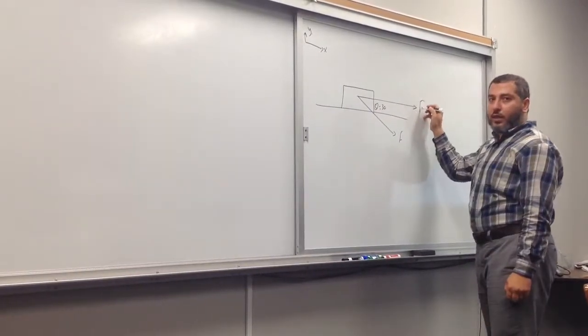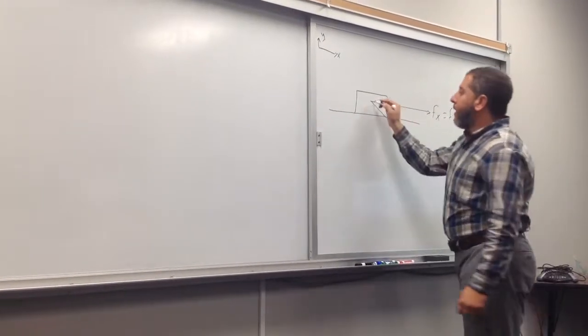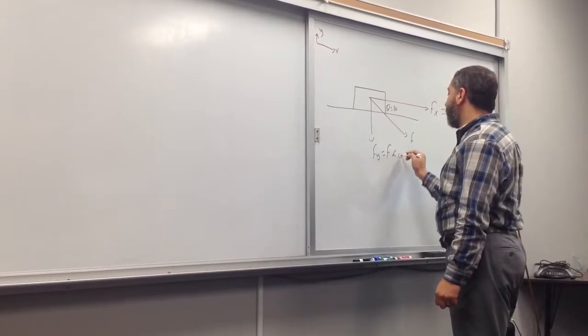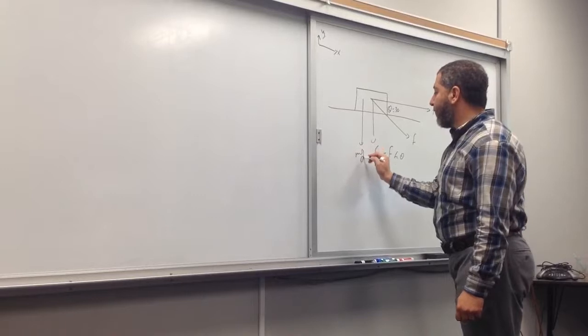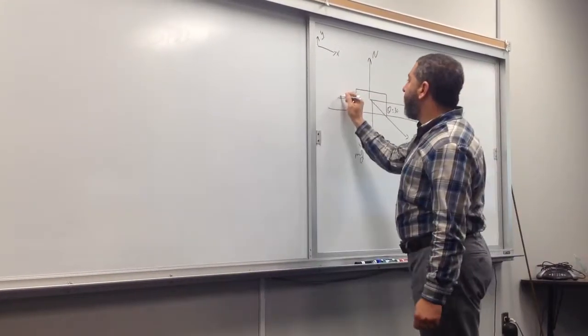one component here is Fx, F cosine theta, and another component Fy is F sine theta. And we have weight mg, we have normal force N, and we have friction force.